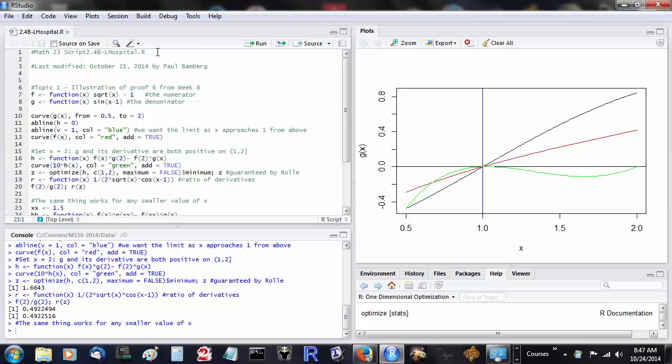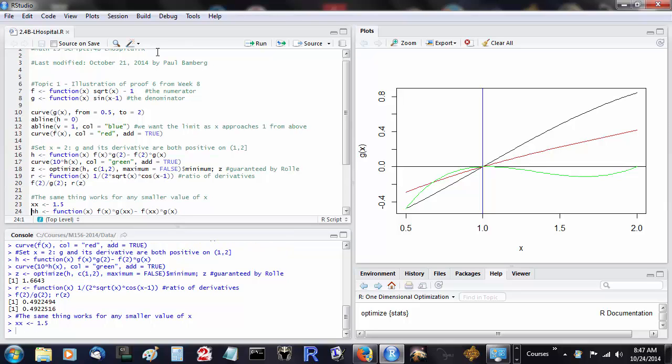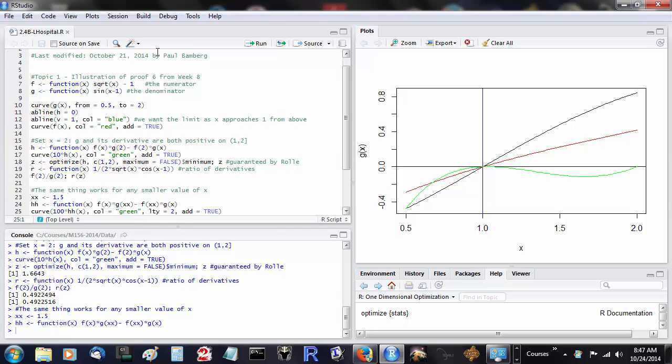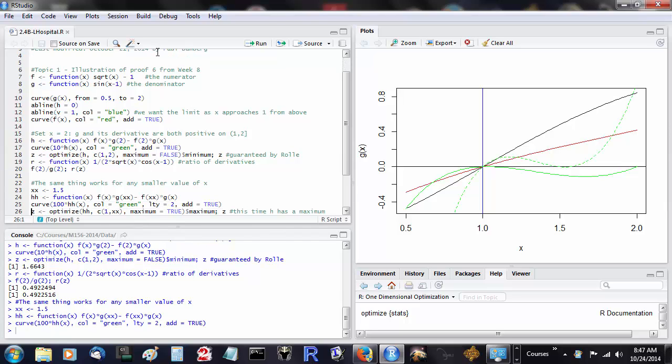For example, instead of 2, I can use 1.5. I define another h function. I'm going to call this one hh, so that I'm using a different name. The only difference is now I'm evaluating at 1.5 rather than at 2. I graph that.